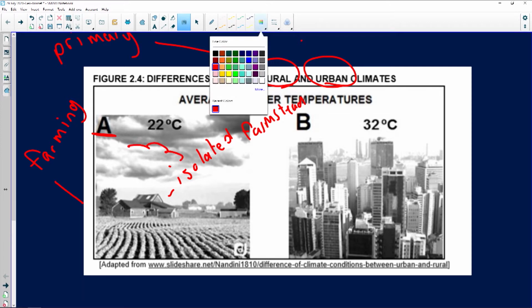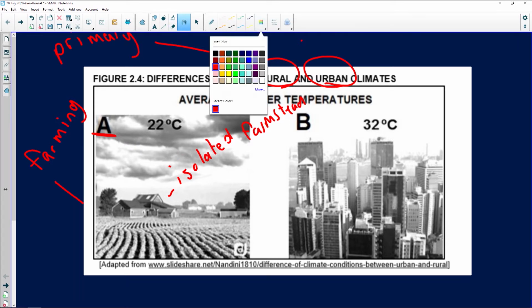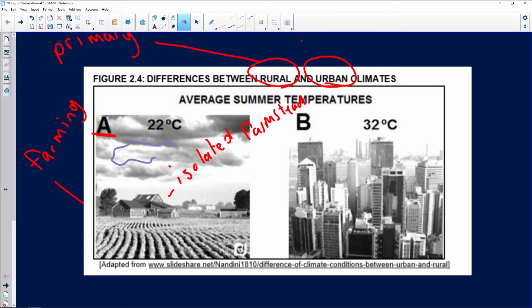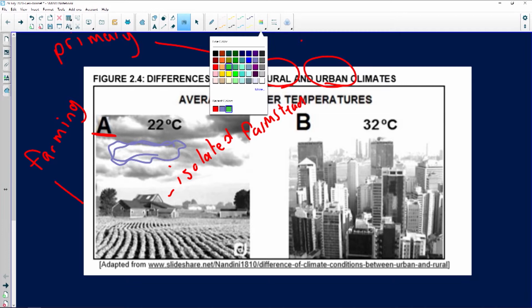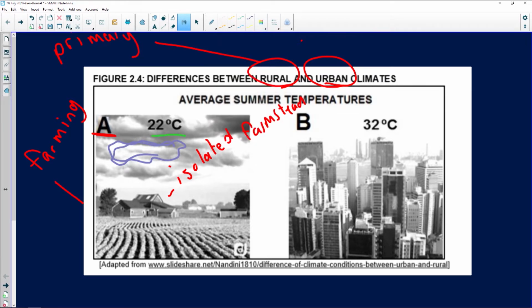Look at the cloud cover, because this might be important when we look at the questions. Secondly, let's look at the temperature: 22 degrees Celsius.